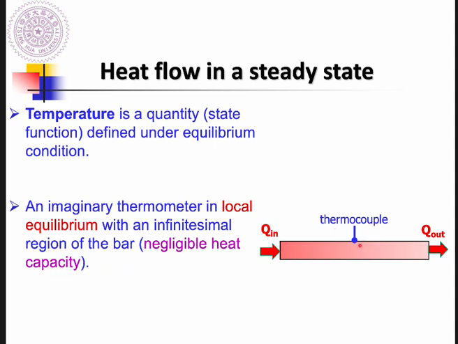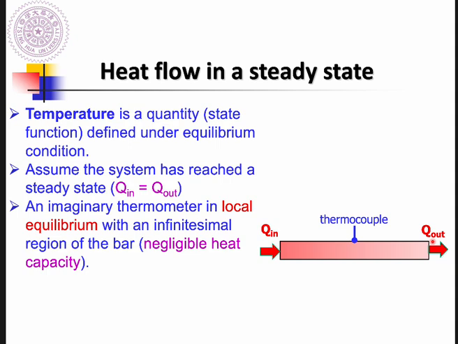So the only function of this thermocouple is to measure the temperature distribution along this metal bar. And we put in a heat reservoir to provide the heat, and a cold reservoir to absorb the heat. And we tune some specific conditions to allow the heat in to equal the heat out.